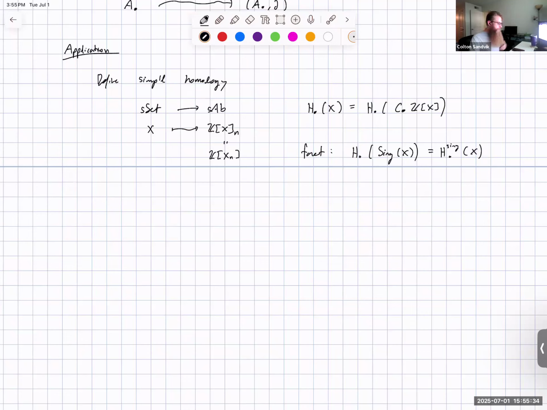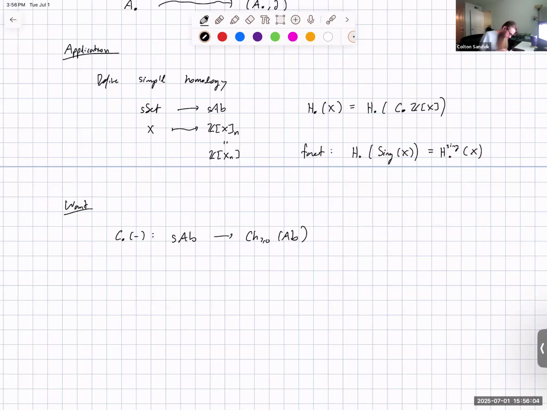When I first learned about Dold-Kan, I assumed that this would be the functor that gives you an equivalence. What we want is for this functor from simplicial abelian groups to chain complexes to be an equivalence of categories.